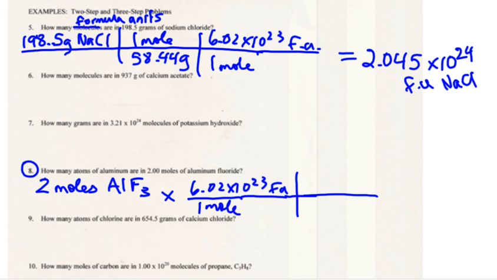How many aluminum atoms are in every 1 formula unit? 1. For every 1 formula unit, I have 1 Al atom. If they were asking me, though, for fluoride, I would have multiplied it by 3. Okay?